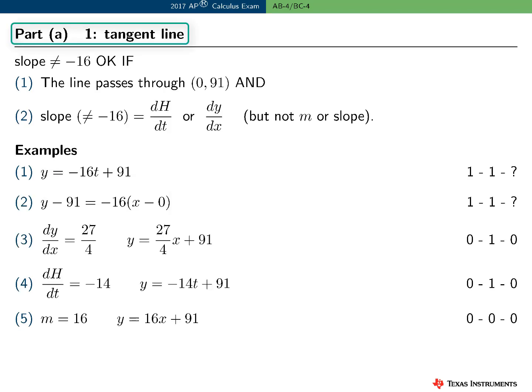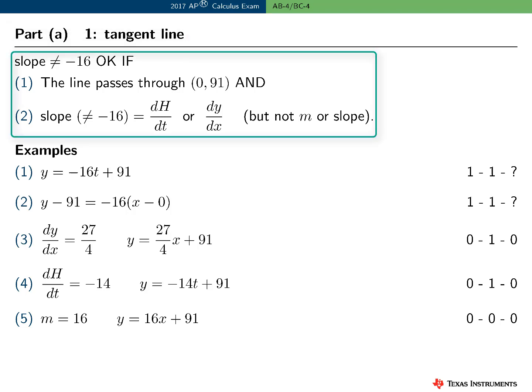The second point in Part A is for an equation for the tangent line. If the student uses a slope different from minus 16, they can still earn this point if their line passes through the point (0, 91) and the slope is clearly labeled as either dh/dt or dy/dx.